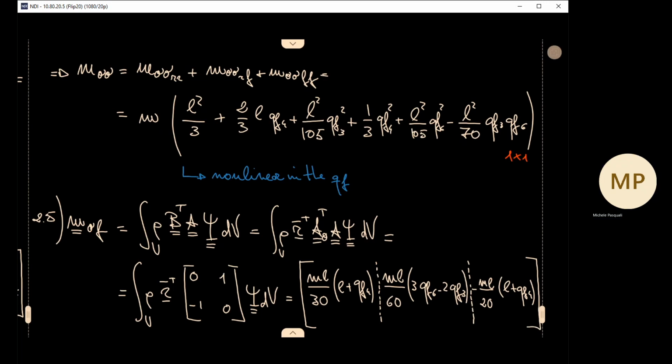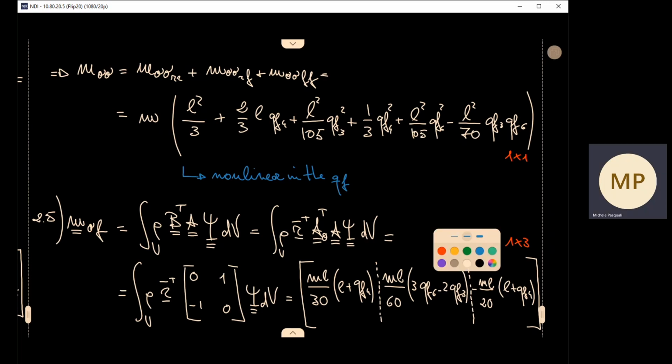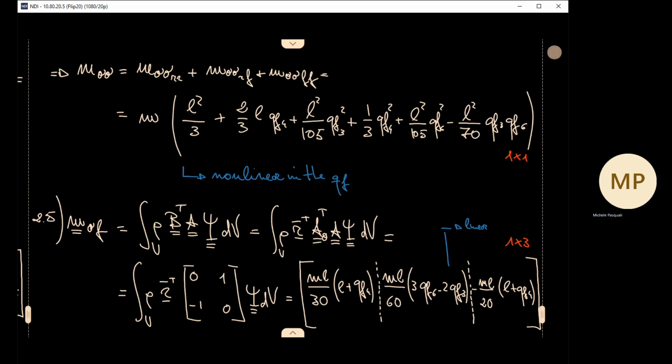Okay? And again, as expected, this is a 1 times 3 matrix. In this case, we have linear in QF.